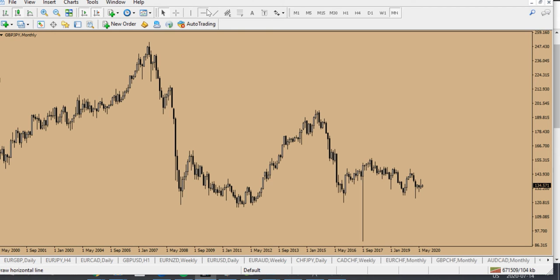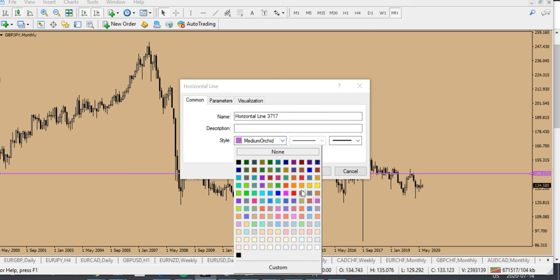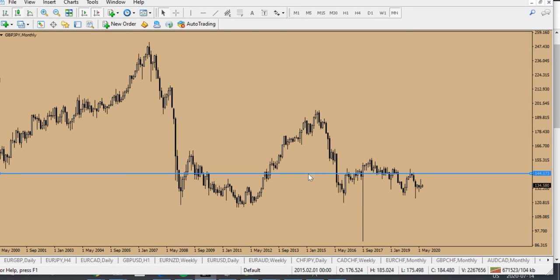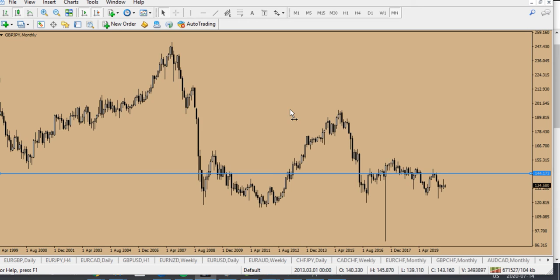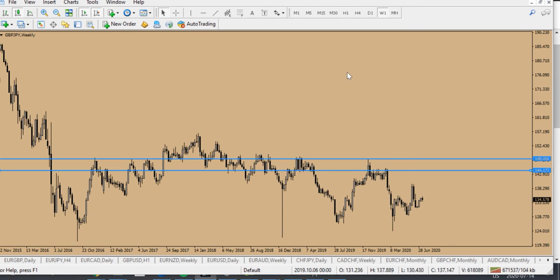So in terms of position trading, that would be that area in which I would pay attention to for a sell. Right? So that would be a good area.